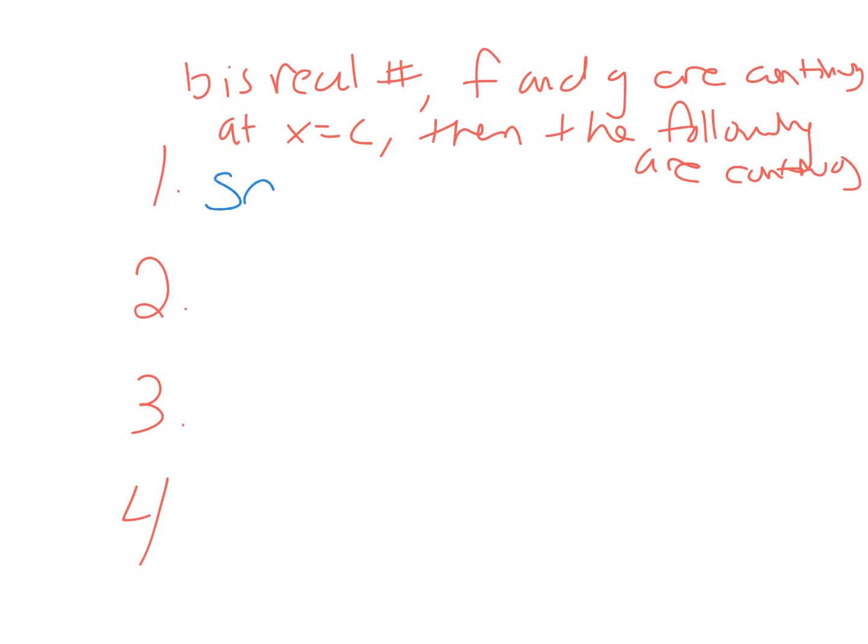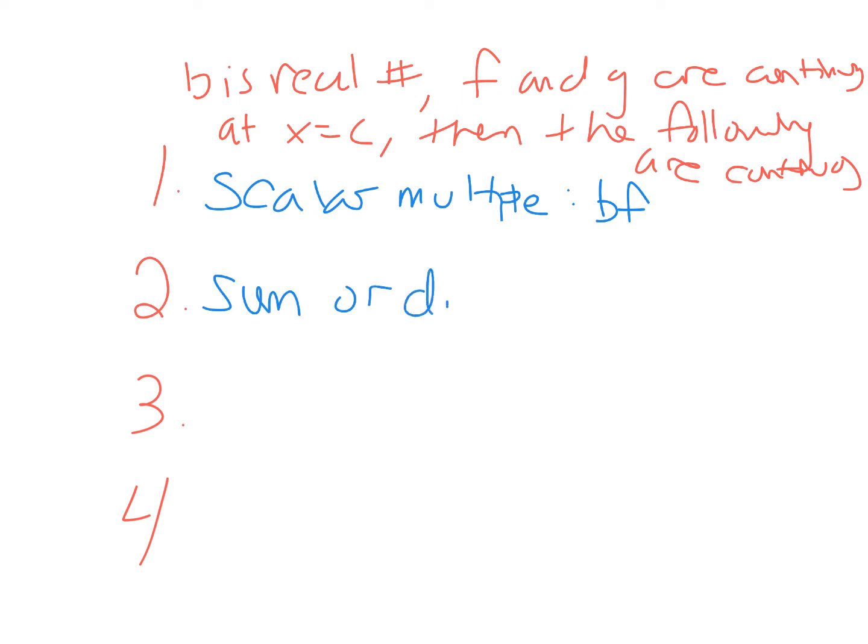Similar to what we did earlier, scalar multiple: we can simply take that b and multiply it by the function. Sum or difference: add or subtract two functions, still continuous.